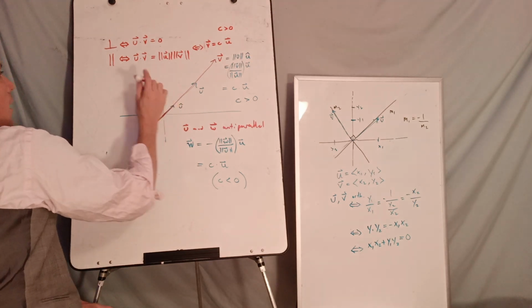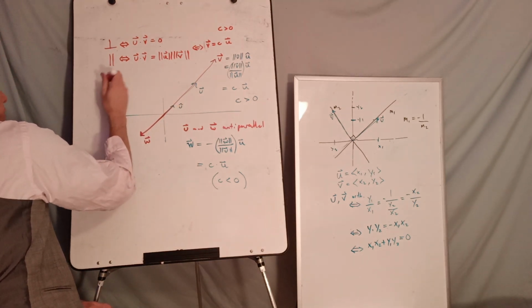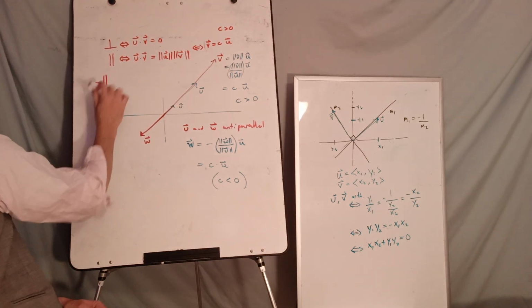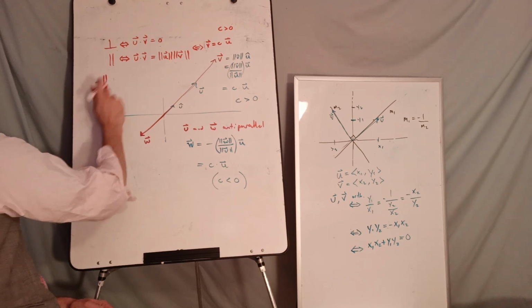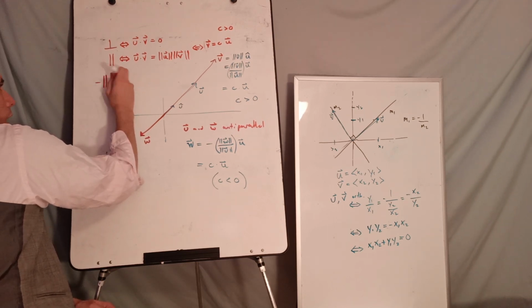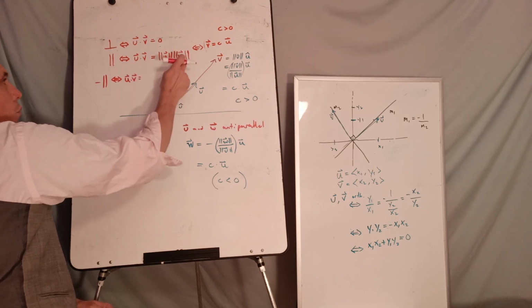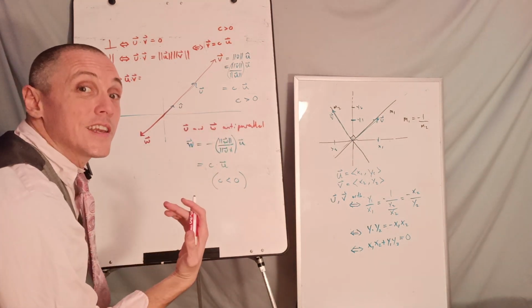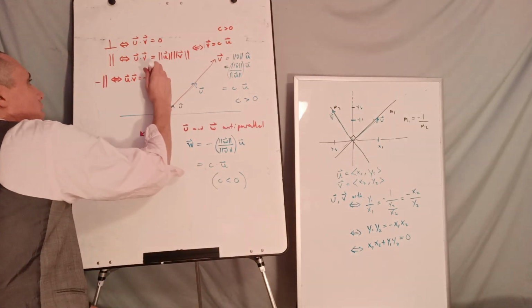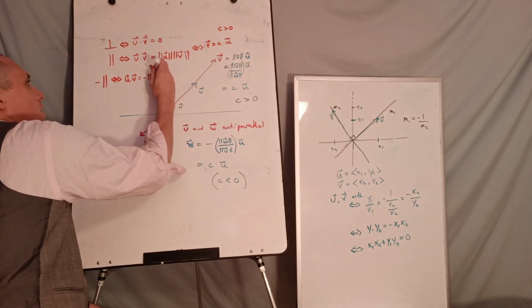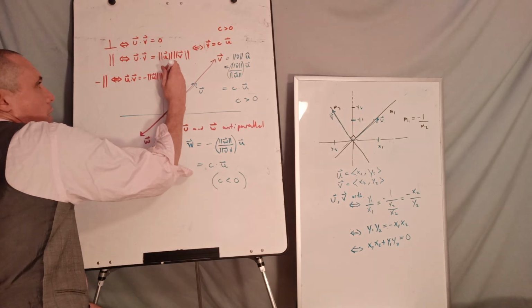Okay, and then we also could say this for anti-parallelity. I don't know how you like to write anti-parallelity. I'm going to write it as negative parallelity. And this is going to be that u dot v is actually equal to, well, cosine of 180 degrees is -1. And so you have the product of these two things as being the negative of their scalar product of lengths.